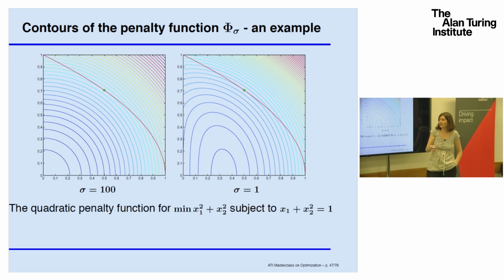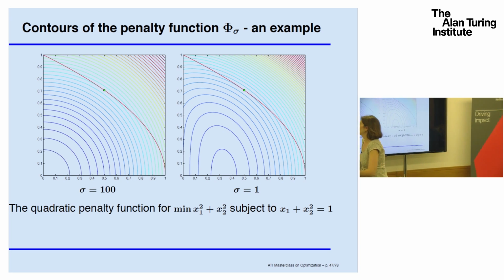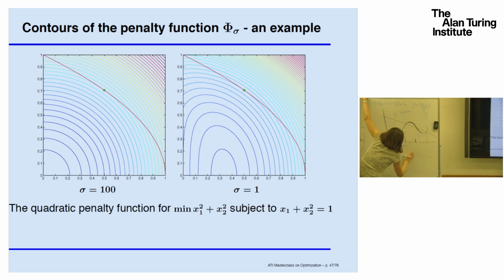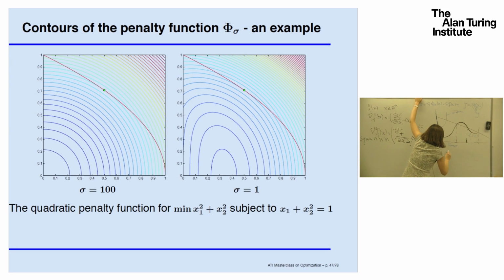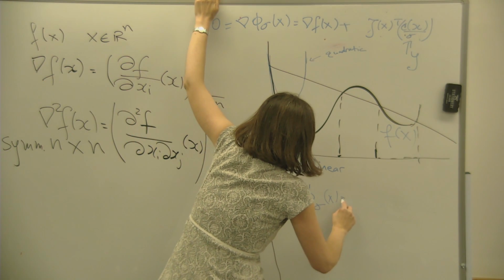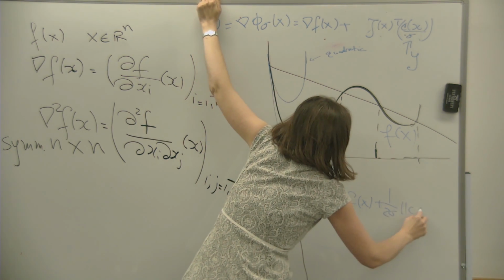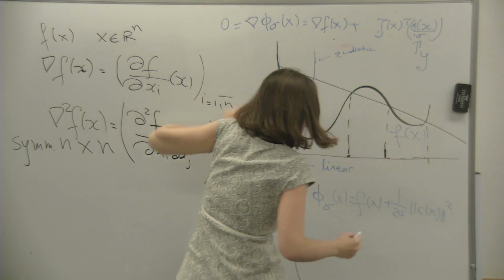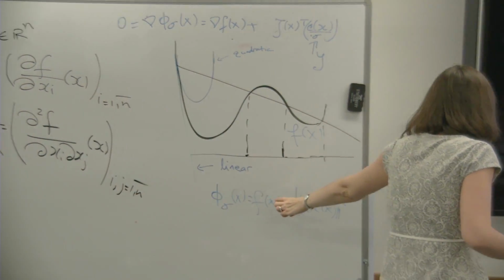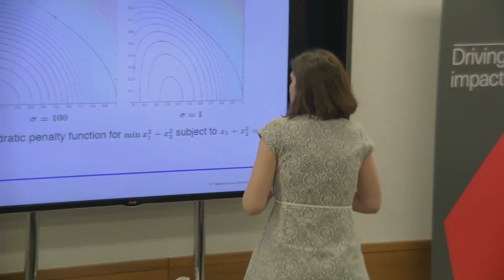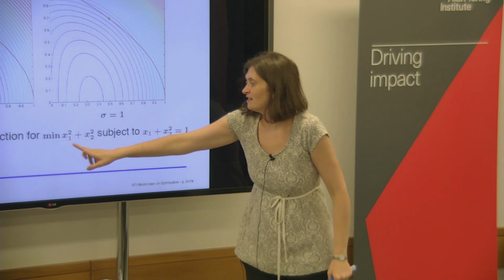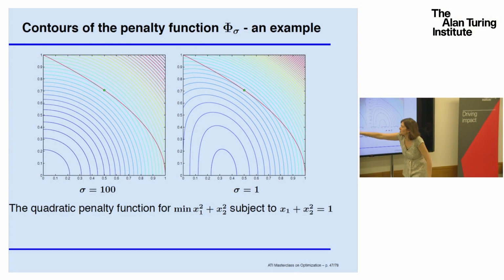My quadratic penalty function is phi sigma equals f plus 1 over 2 sigma c(x) squared. For sigma large, this is almost like minimizing f. My function f is this simple quadratic, and these contours here, honestly, look almost like f.